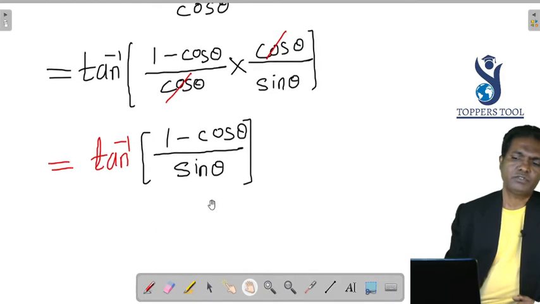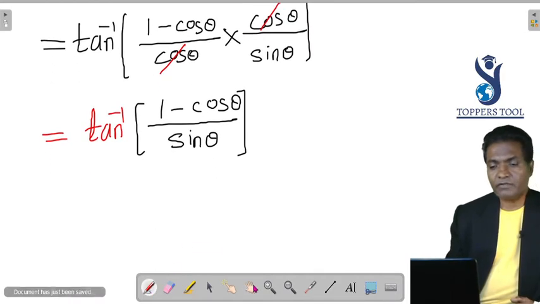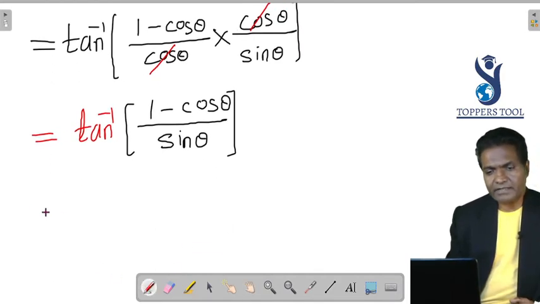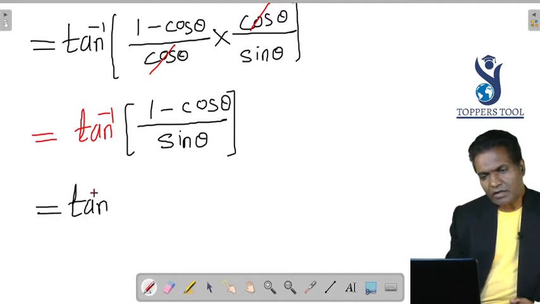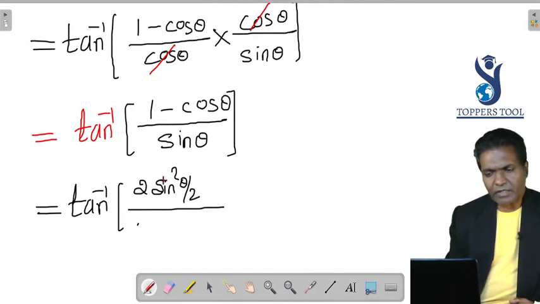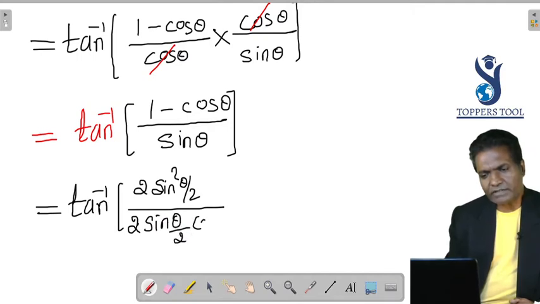Now further you have to make use of two trigonometric identities. 1 minus cos theta means 2 sin square theta by 2. Better you note down that. And sin theta in terms of half angle is 2 sin theta by 2 cos theta by 2.